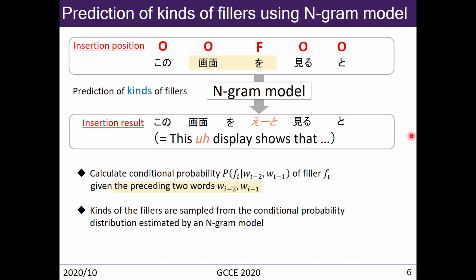And just like when predicting the positions of fillers, kinds of the fillers are sampled from the conditional probability distribution estimated by n-gram model. This is an overview of the conventional model.